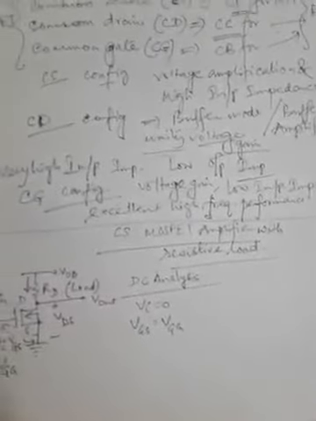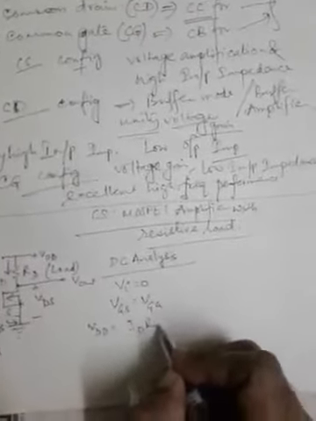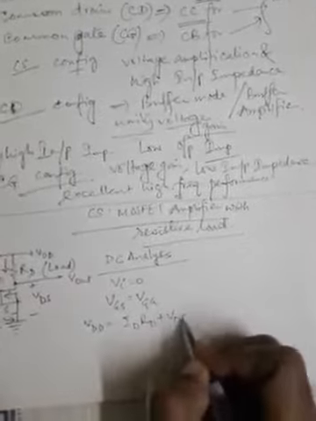So if we subtract the drop across RD from the whole VDD, we should get this VDS. So the output equation looks like VDD is equal to IDRD plus VDS. From here, ID is nothing but VDD minus VDS divided by RD. So this is the output equation.